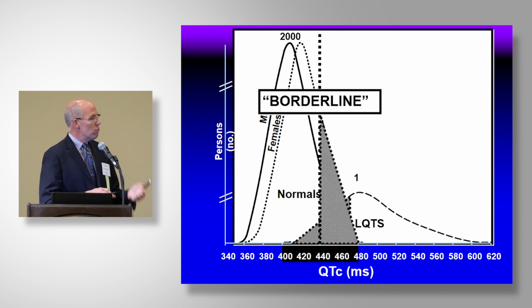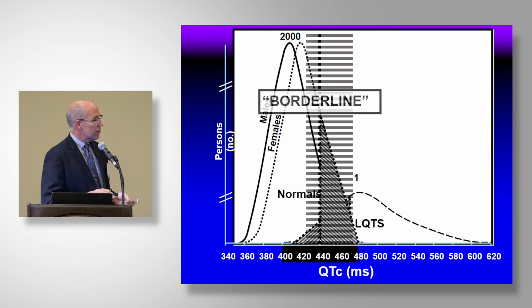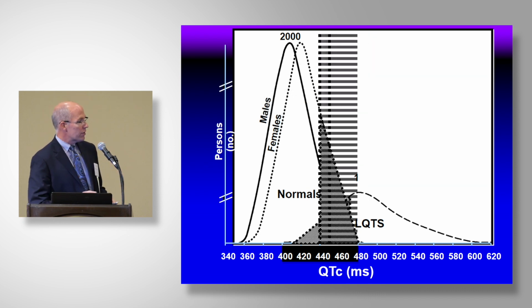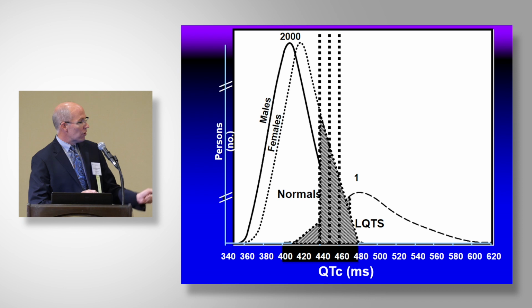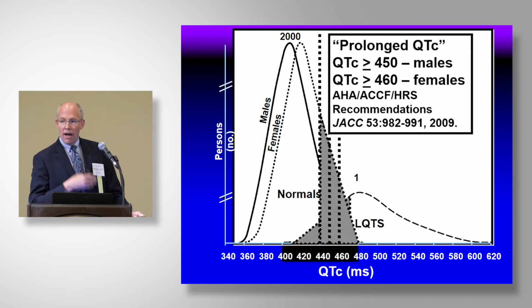And now we have to remove that borderline designation: 450 for men and 460 for women as the lines in the sand for an ECG definition of prolonged QTc.